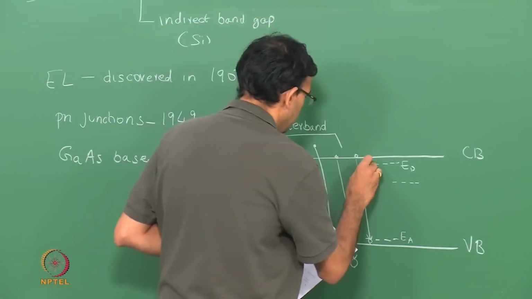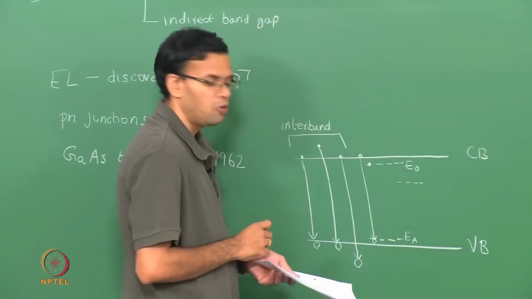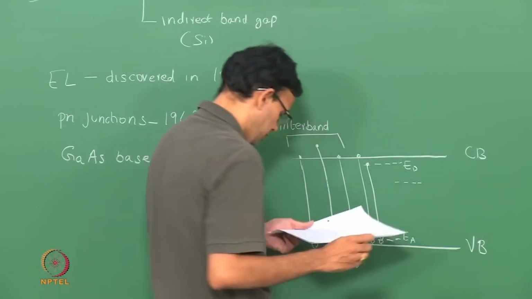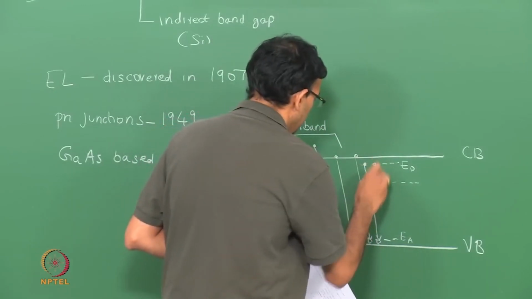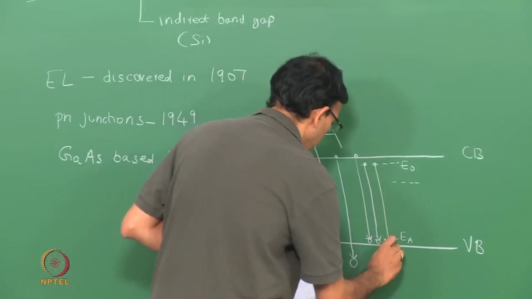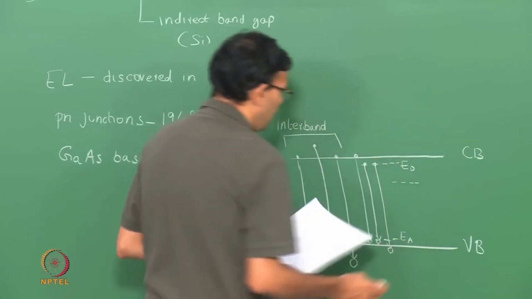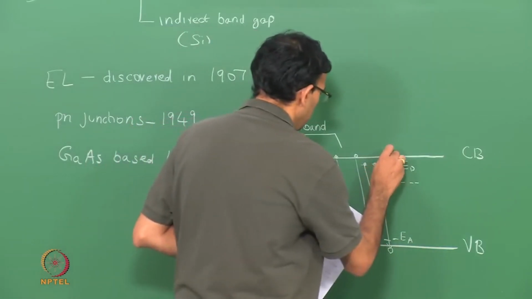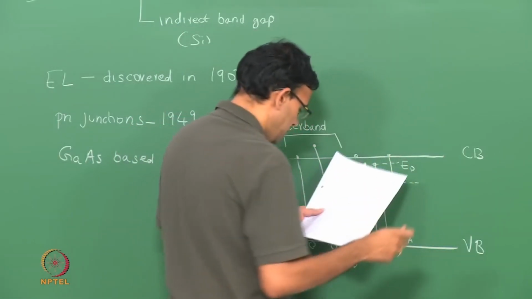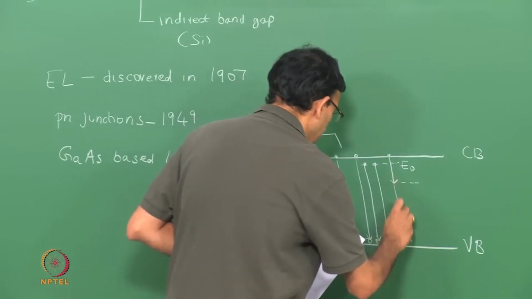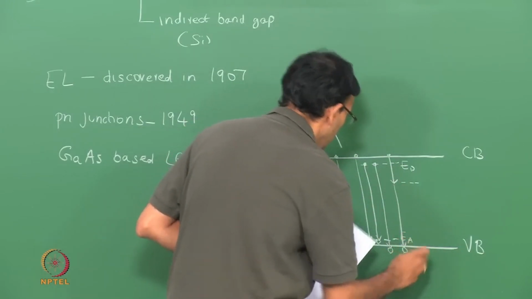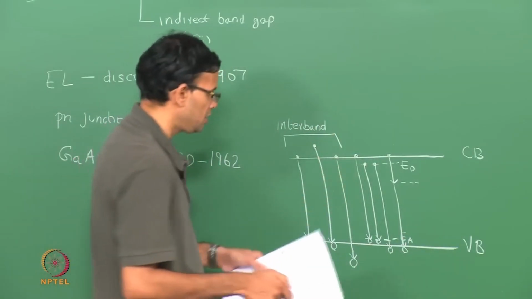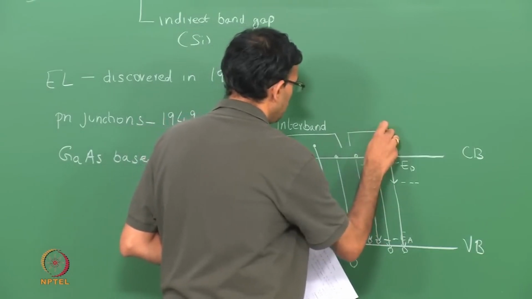I could have an electron in my donor state recombining with a hole in the acceptor state, or an electron in the donor state recombining with a hole in the valence band. And sometimes you can have transitions where the electron gets trapped in a deep state and then recombines with a hole. So, all of these transitions which involve some sort of defect states are called your defect transitions.